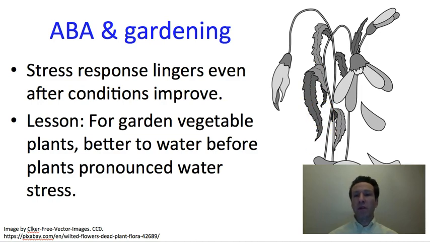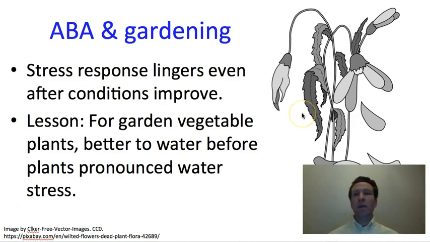Then we can water the plant and we can alleviate that stress. However, even after we've alleviated the stress, the ABA signal is going to linger. It does not go away as quickly as the stress goes away. And so what's going to happen is the plant will still perceive that it's under stress, even if conditions are better. This means that growth can be slowed.